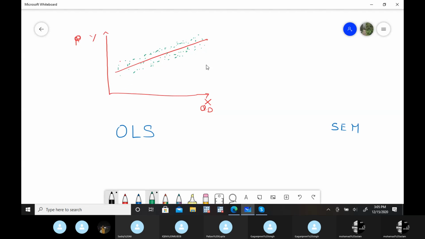Whenever we study econometrics, we do some research. Generally, we do it from sample observations. So the purpose is that our sample results need to be representative of the population results. That's the purpose. It means we need a method to estimate this regression line.